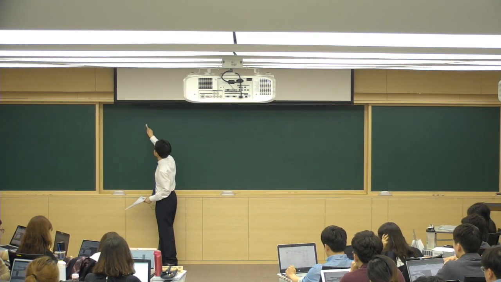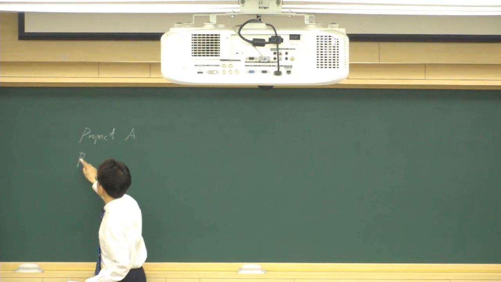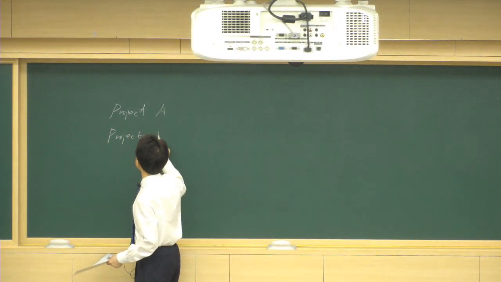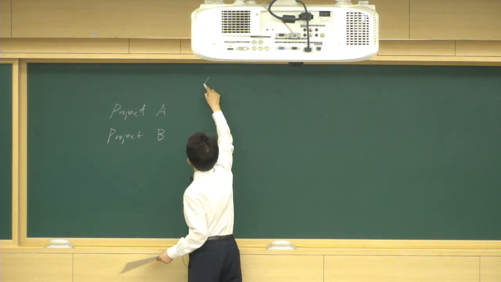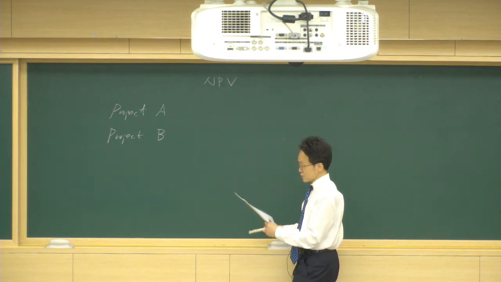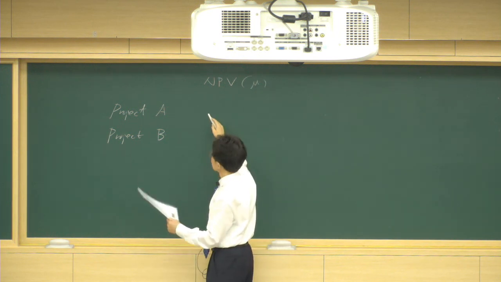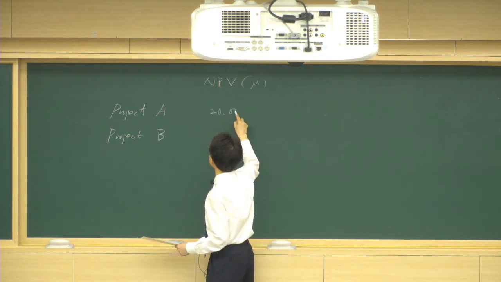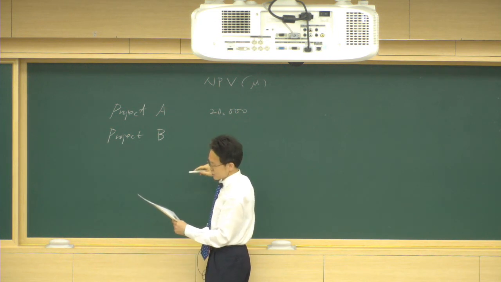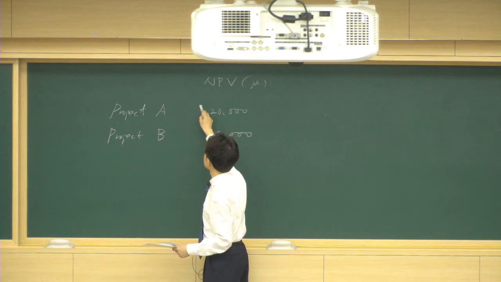We have project A, we have project B, and now let's say I want to compare these two projects with net present value. This is mu. And let's say the net present value of project A is 20,000 and project B is 15,000.